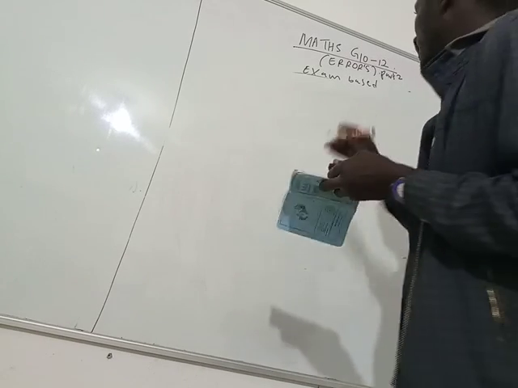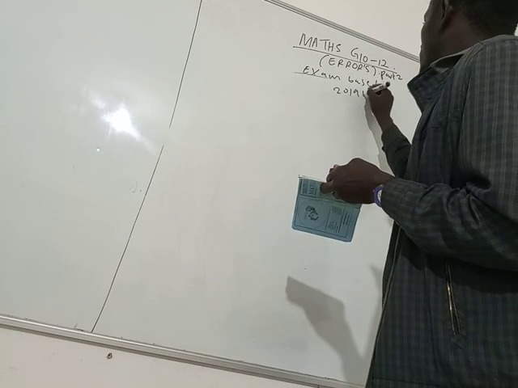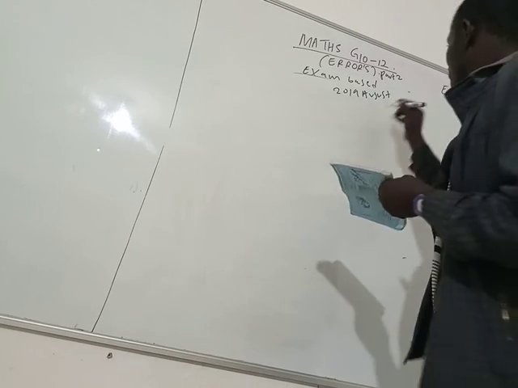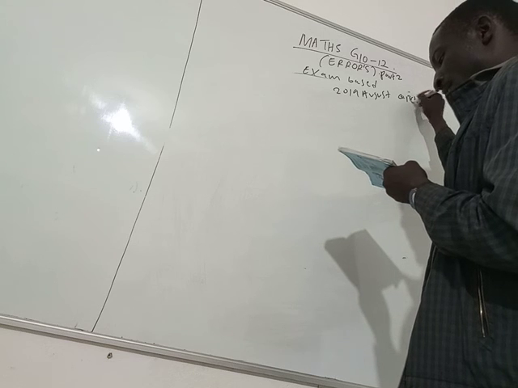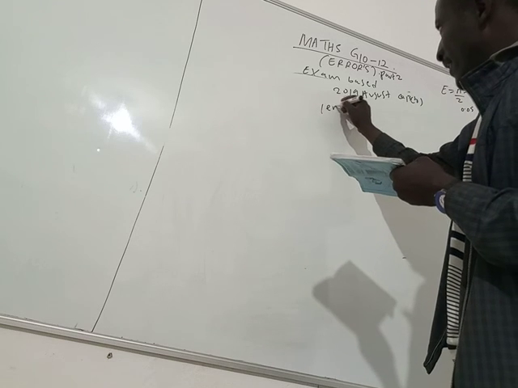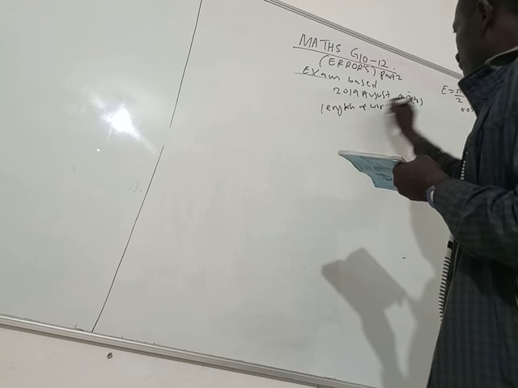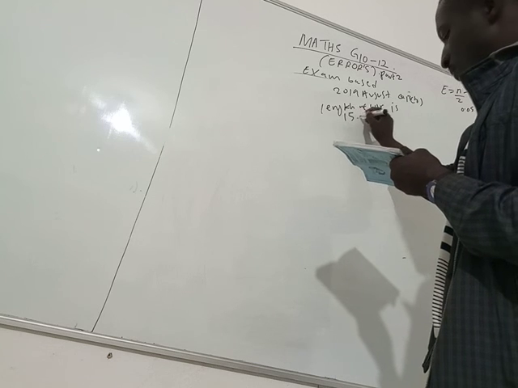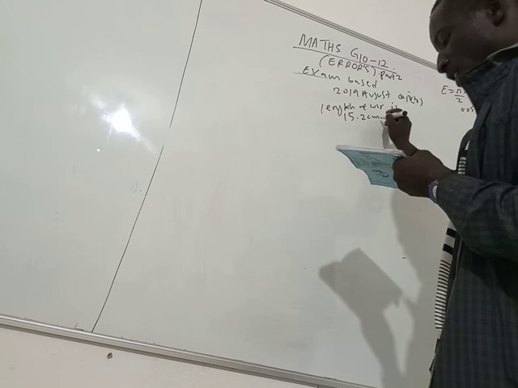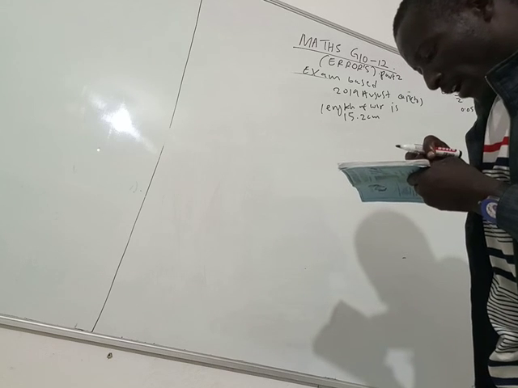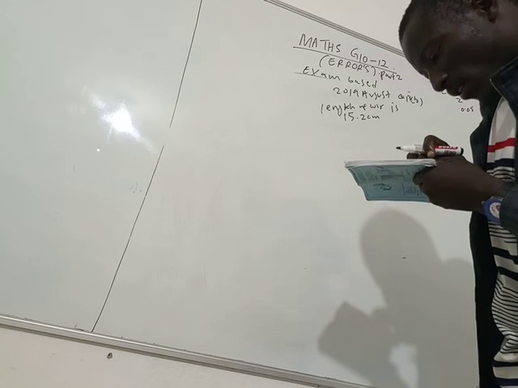2019 August. 2019 August is a very important question. Question 13b. They said length of wire is 15.2 centimeters. So they want you to write what is the relative error of the length.